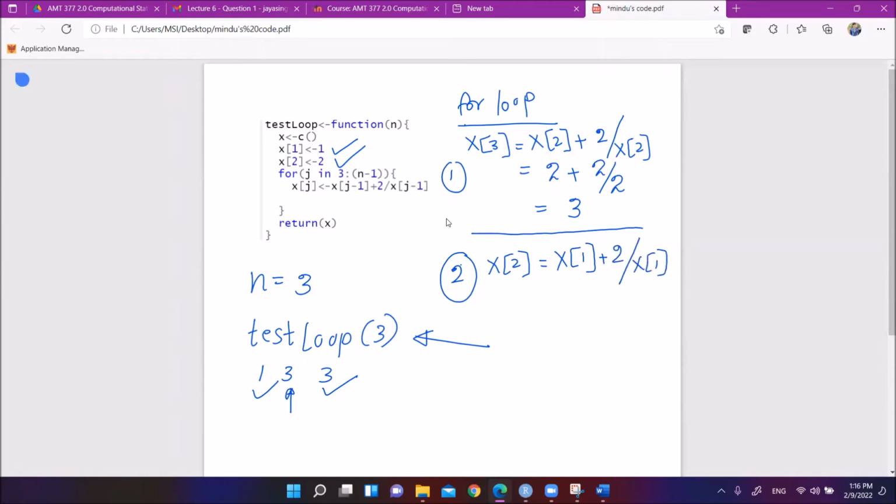I just substituted the iterated value into this line. So what is x1? It's 1. Can you see how we get this value 3? So after this iteration, the value of x2 is 3. That is why it outputs this, right?